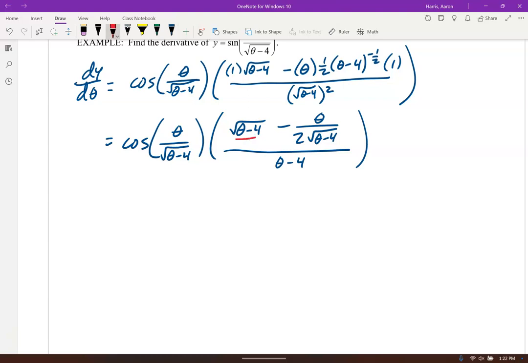And right now this is over 1. I've got to get a common denominator there. So I'm going to go ahead and multiply by 2 square root of theta minus 4, 2 square root of theta minus 4 to get that to be a common denominator.